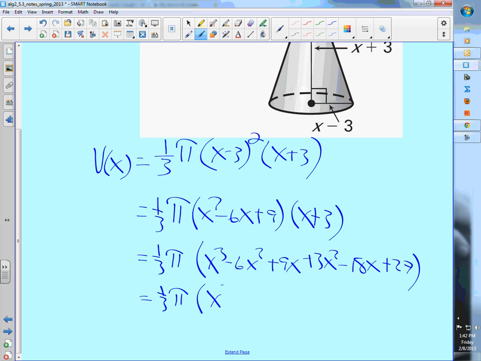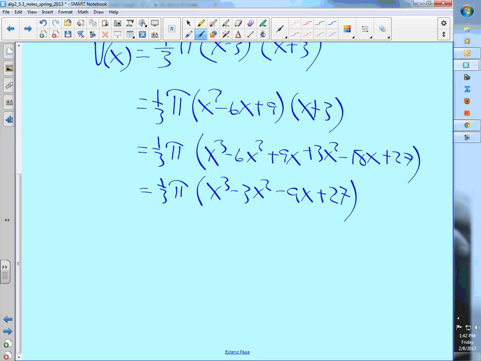So, go ahead, x cubed. X cubed minus 3x squared minus 9x plus 27. So that should be the product of these two when you simplify.